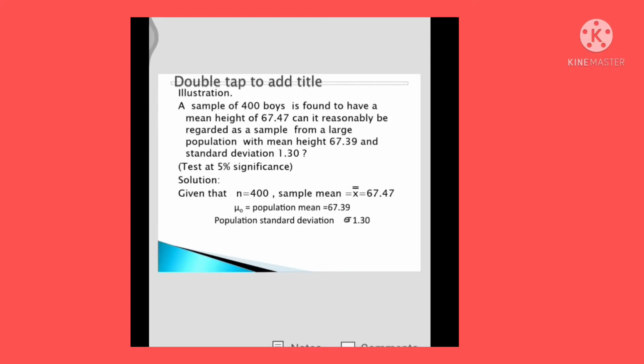Test at 5% significance. Solution: given that n is equal to 400, sample mean x bar is equal to 67.47, mu naught or population mean is equal to 67.39, population standard deviation sigma is equal to 1.30.